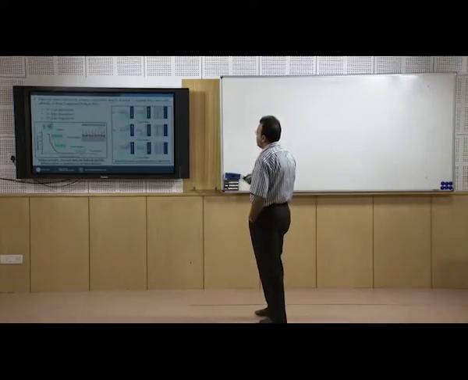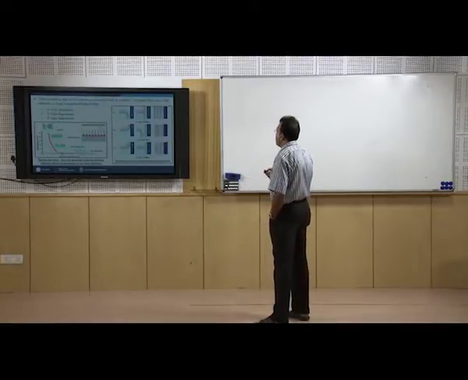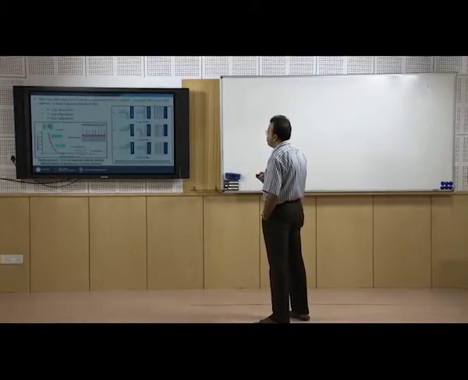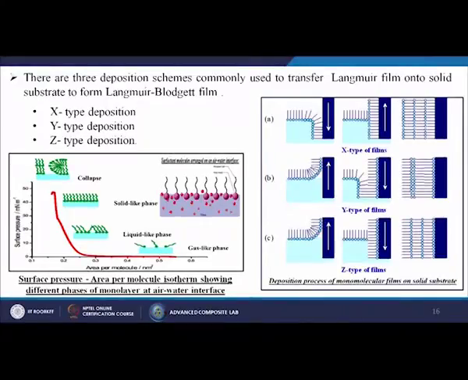There are three deposition schemes commonly used to transfer Langmuir film onto a solid substrate to form Langmuir Blodgett film. The first one is X type deposition, then Y type deposition and Z type deposition. From this graph we can see that first we have the collapse, then the surface pressure we keep around 50 for the first phase, then for the second it is 20, then for the gas and liquid like phases it varies between 0 to 10, and the substrate looks like this.